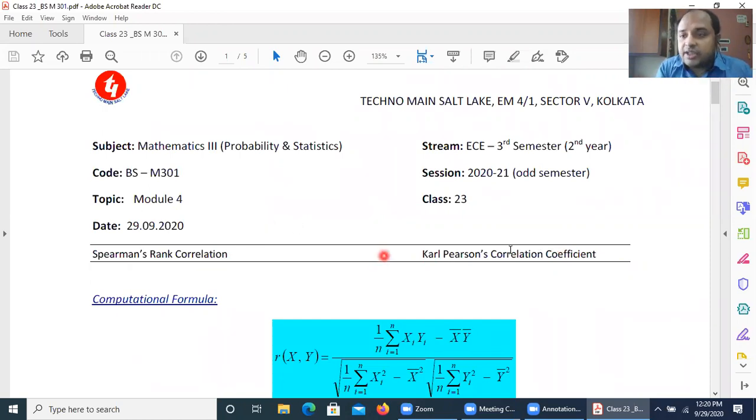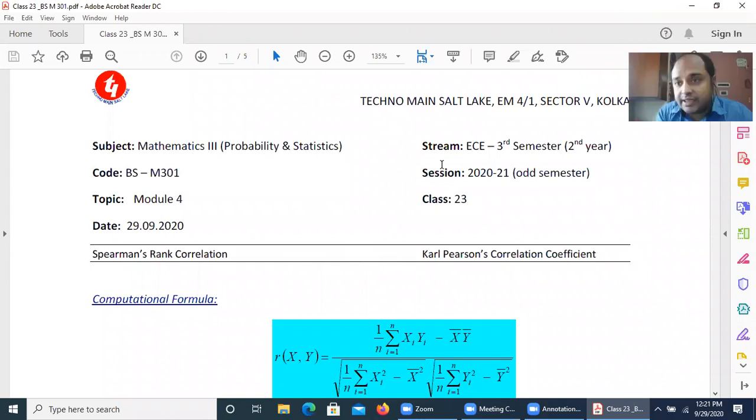I did it intentionally, to make you focus that Spearman's rank correlation is a special kind. It has a relation with Karl Pearson's correlation coefficient. They are interconnected, and this interconnection is that Spearman's is a special case of Karl Pearson's correlation coefficient.